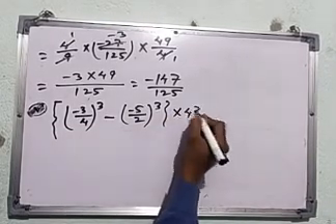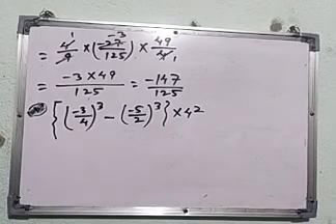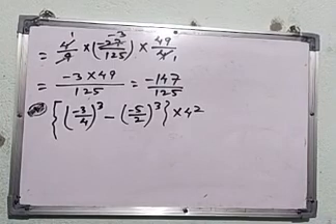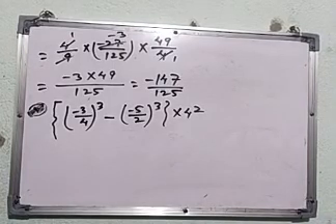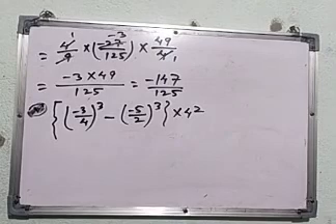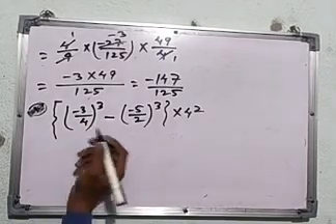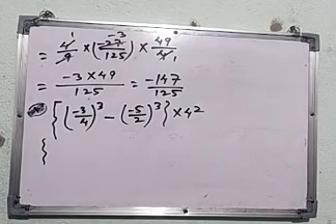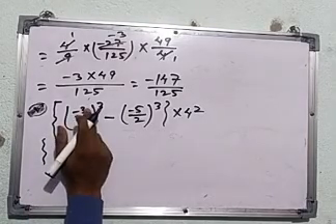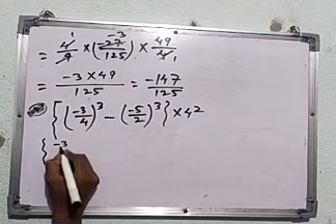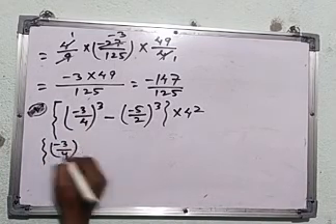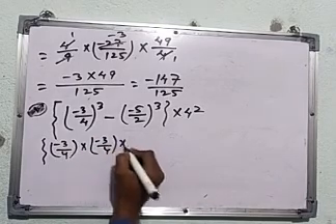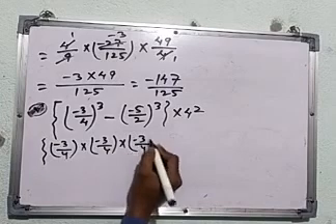into 4 square. So student, first you write in middle bracket, 3 threes are 9, you write minus 3 by 4 into minus 3 by 4 into minus 3 by 4, 3 times.